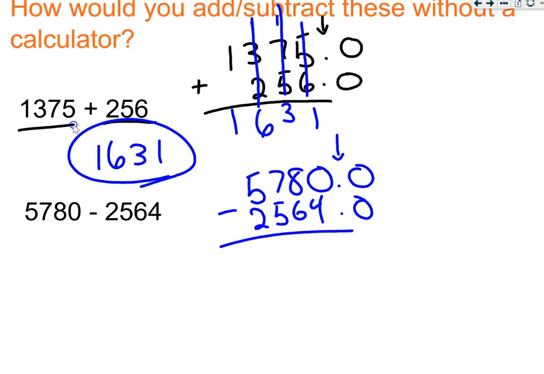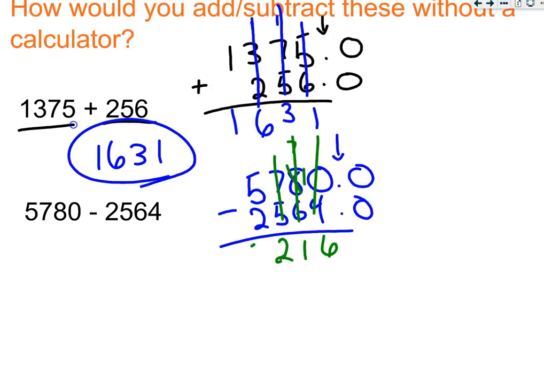When subtracting numbers like these, remember you can't take away from nothing, so you need to do some borrowing. In this case, I can't take 4 away from 0, so I need to borrow from the 8. The 8 will turn into a 7 because I only need to borrow 1 from it, turning this into a 10. 10 minus 4 is 6. 7, moving on. 7 minus 6 is 1. 7 minus 5 is 2.